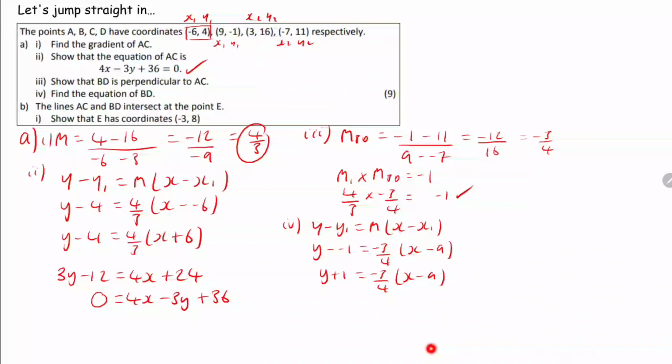Now we're going to multiply both sides by 4, which gives us 4y plus 4 equals minus 3x plus 27.